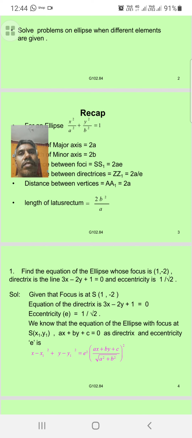That is the first type: if the elements are given, he asks for the equation. This is the second type.